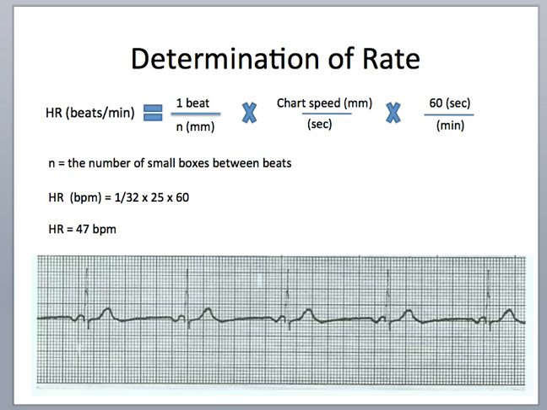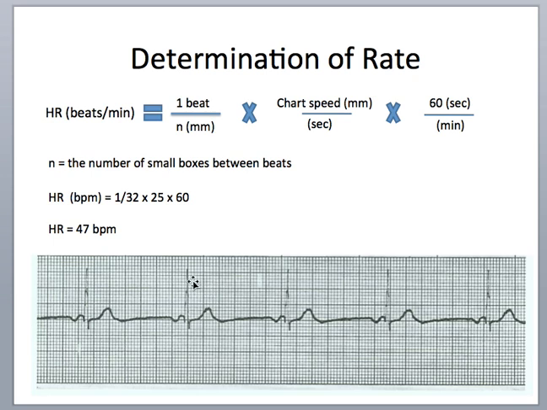You're going to measure the distance. Each one of these big boxes is equivalent to a specific number. There's no real pattern to it, it just starts at the top. So 300, 150, 100, 75, 60, 50.